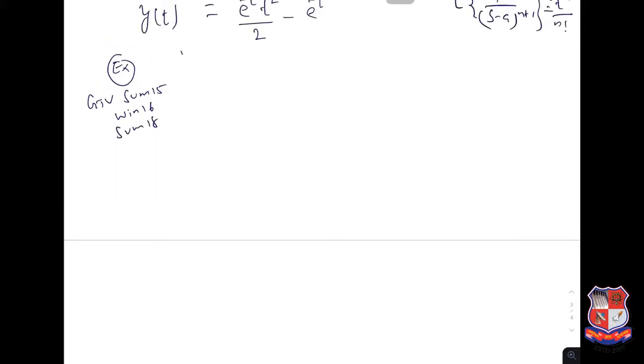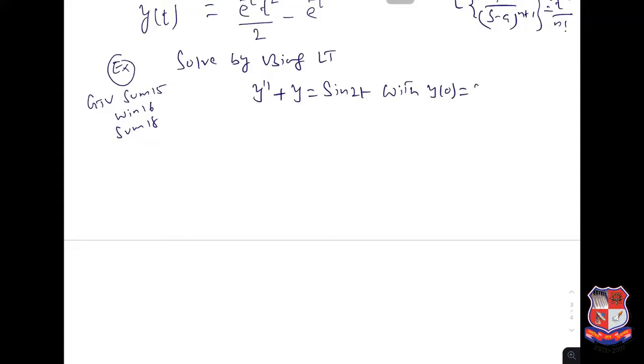The question is: solve by using Laplace transform y second derivative plus y equal to sin 2t, with y at 0 equal to 2, y dash at 0 equal to 1.